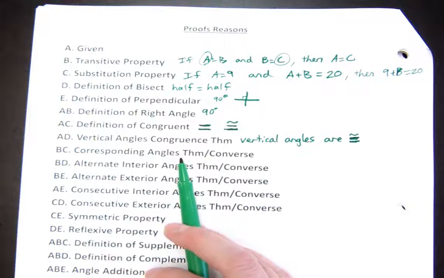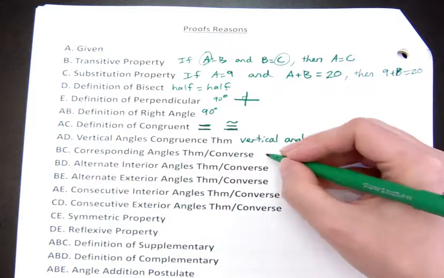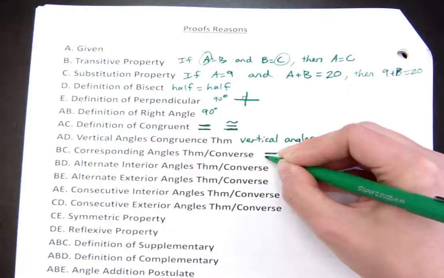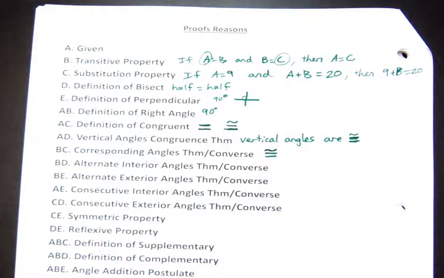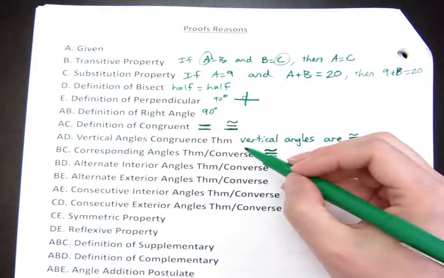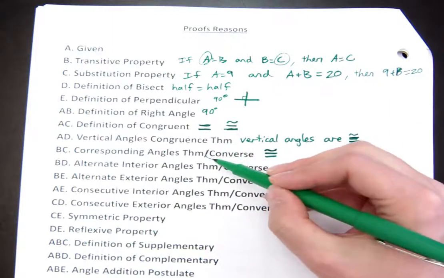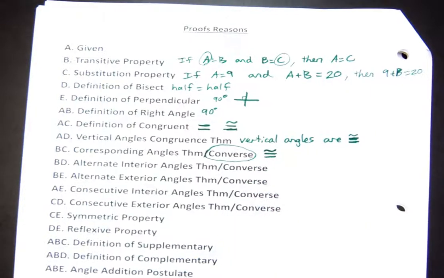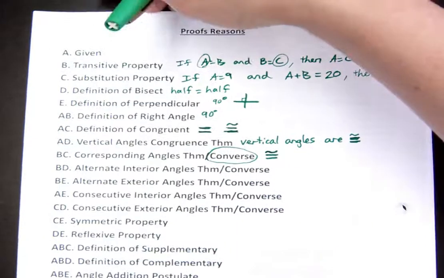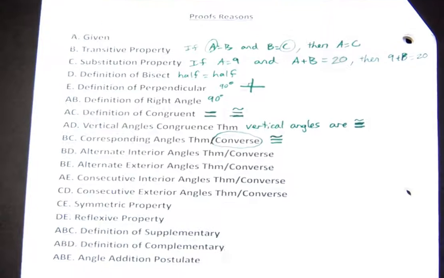Are corresponding angles congruent or supplementary? Yeah. So corresponding angles are congruent. Do you guys know what converse means? So what did converse mean when we were in our, yeah.